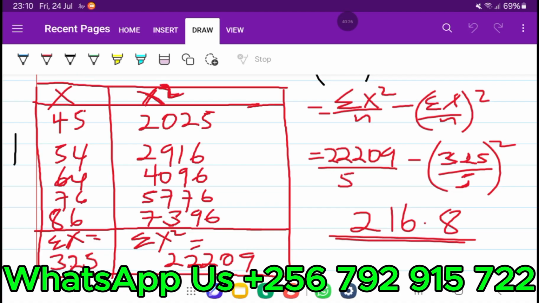So one thing that I want us to focus so much on is when they have asked us to get the variance of a sample. For this one, at least, if you did some mathematics, you probably know.